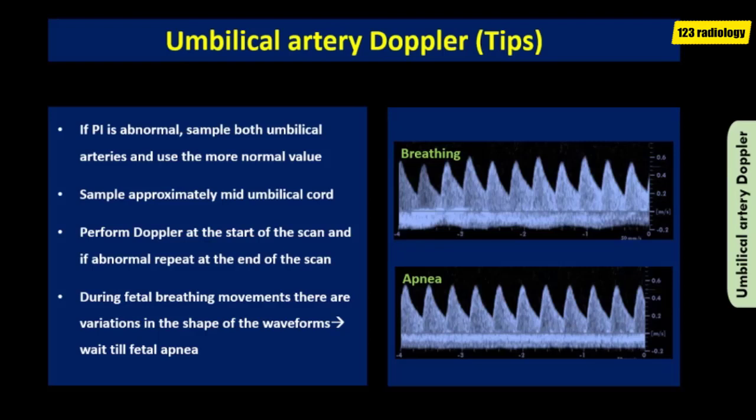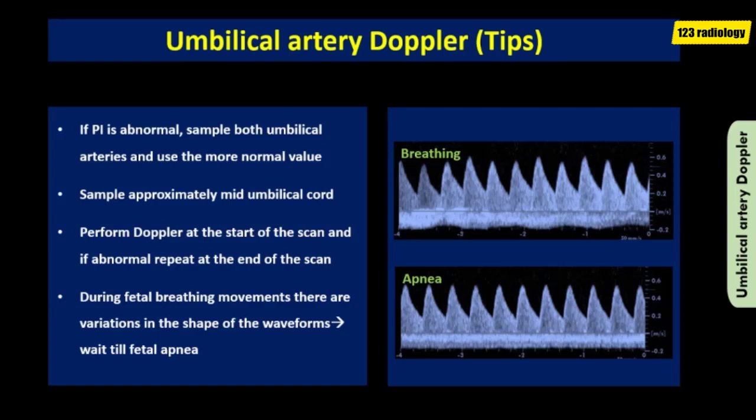Some important tips you should know in umbilical artery Doppler. If the pulsatility index is abnormal, you should sample both umbilical arteries and use the more normal value. You should sample approximately at the mid-umbilical cord. Sampling too close to the fetal abdomen may produce a falsely elevated pulsatility index value.